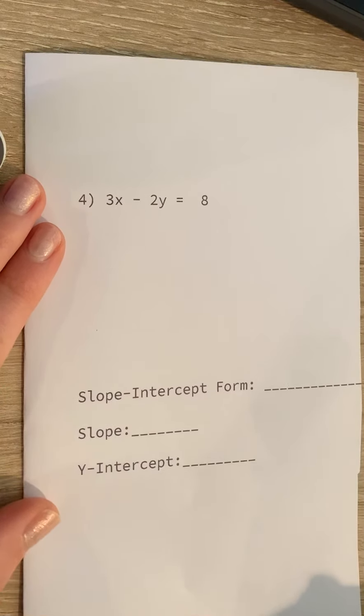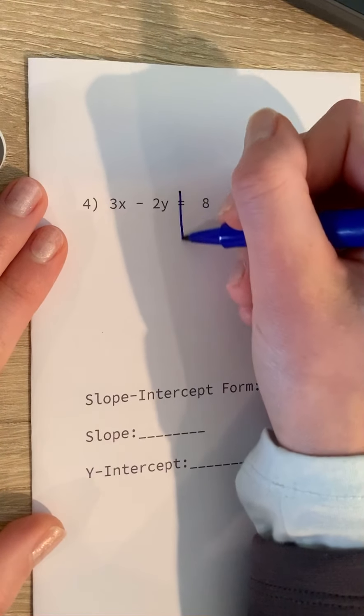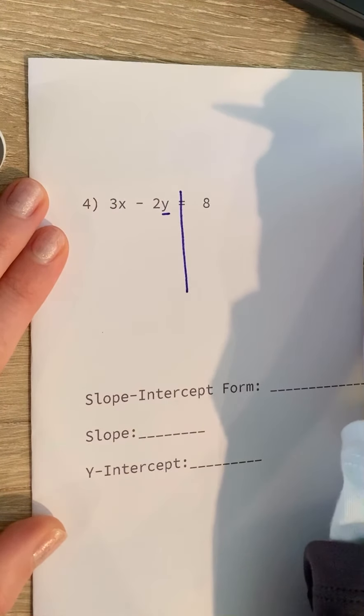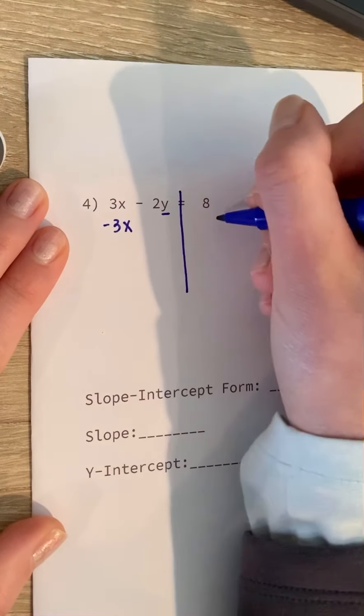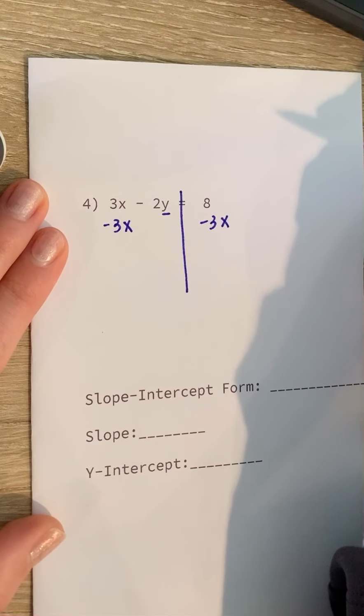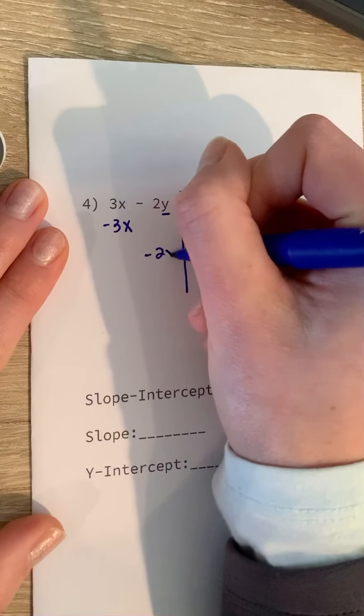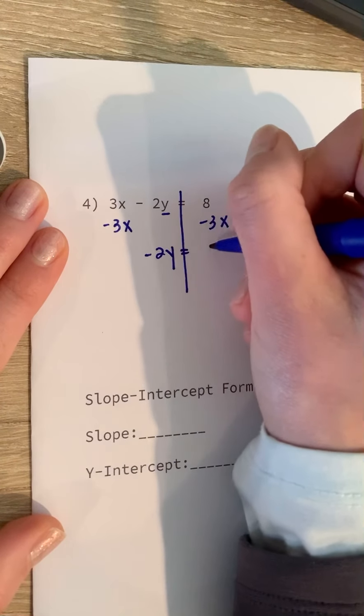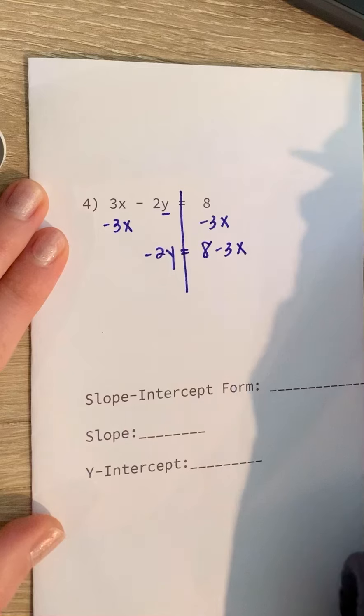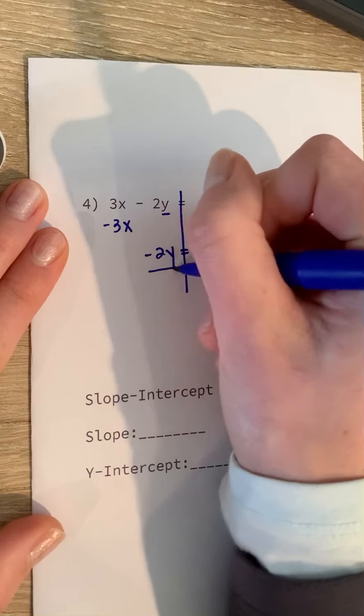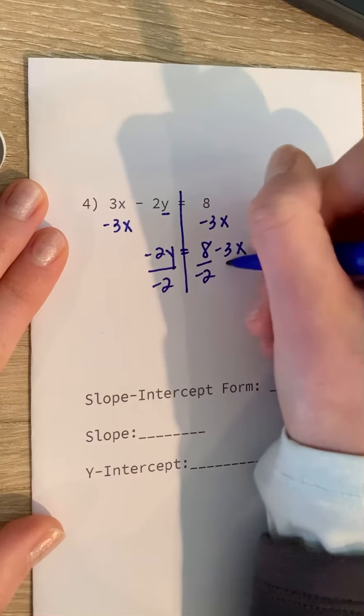Okay, example number 4. Again, we're going to try and get y all by itself. So I'm going to subtract 3x over to the other side. So I'm left with negative 2y equals 8 minus 3x. I'm then going to divide every single term by a negative 2.